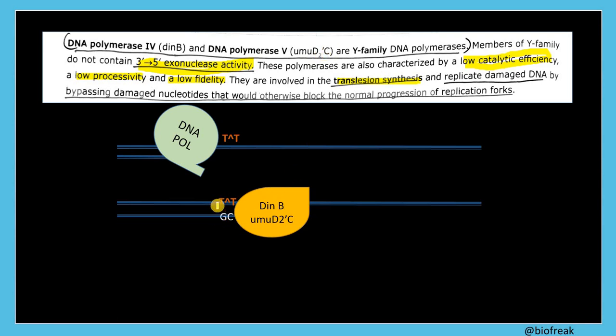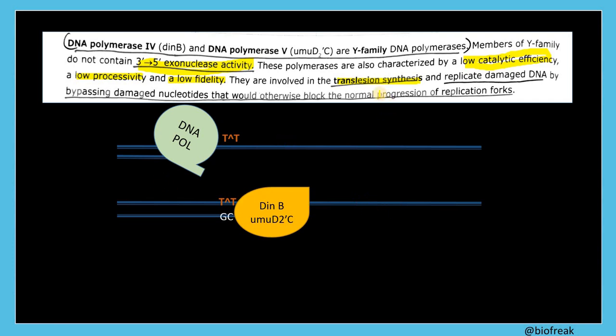It will help in bypassing the damage, and it will synthesize the complementary sequences, which may not be exactly complementary, like the base here is not really opposite to G. So these are not really the complementary sequences, but somehow it will try to repair it, and it will bypass that thymine dimer. Later, once that damaged nucleotide portion is bypassed, DNA pol 3 can continue and replicate the further DNA. So that is translesion synthesis.